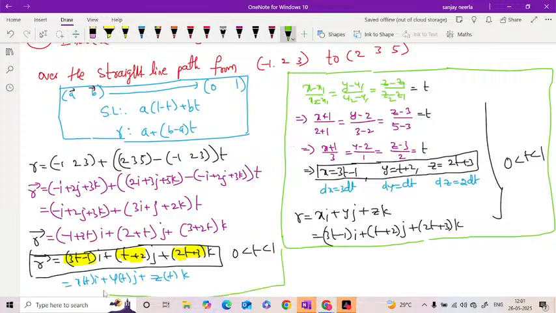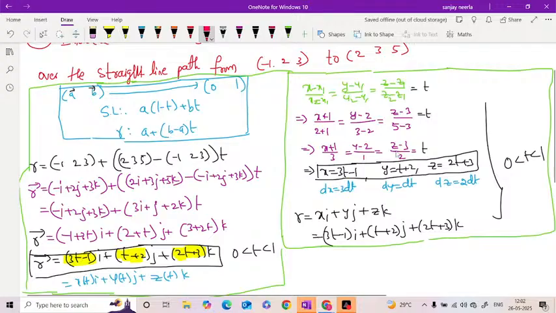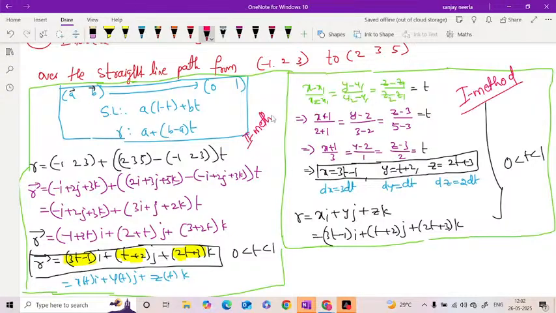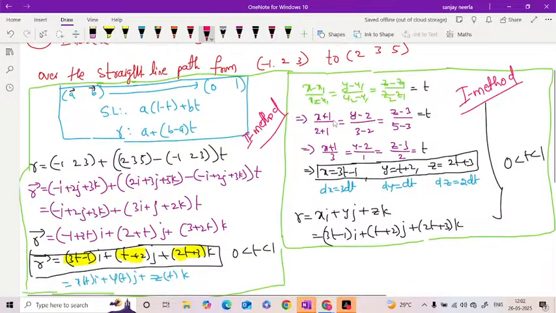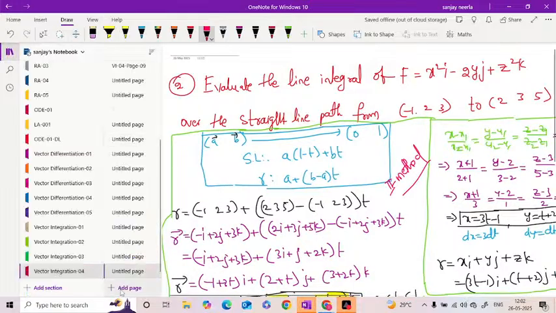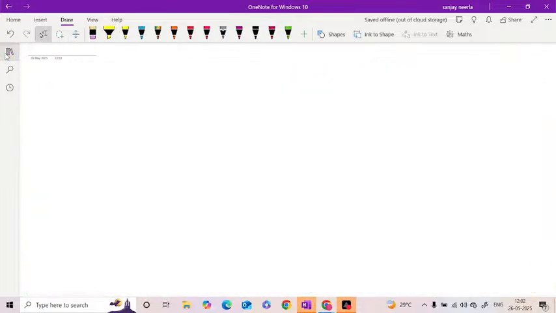Which one is best, the first method or the second one? My suggestion is better to take the second one. The second one is the best.